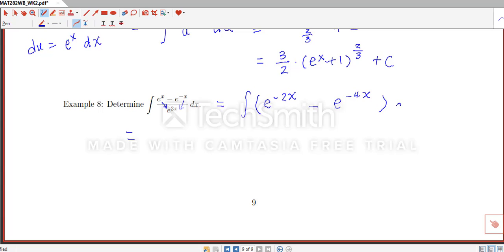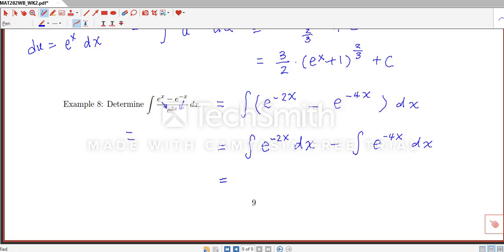Once we divide everything out, it's a very simple integral. We get the integral of e to the negative 2x dx minus the integral of e to the negative 4x dx.